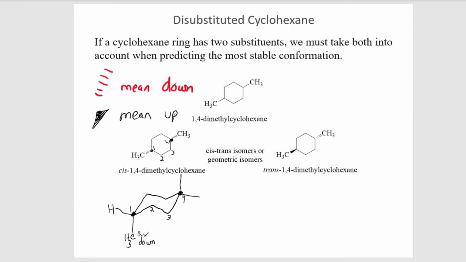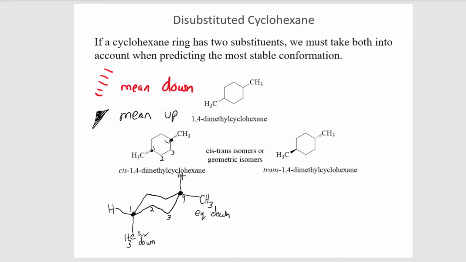So the hydrogen must be up. If you go all the way over to carbon 4, that CH3 is also down, and down is the equatorial one in this case. That means the hydrogen must be up. So what I want you to understand is that the hashed and the wedge mean up and down.